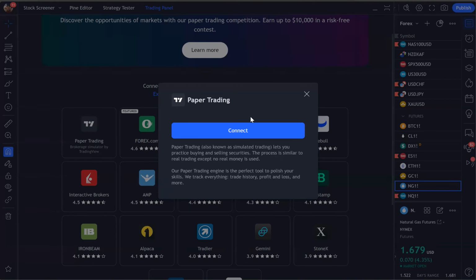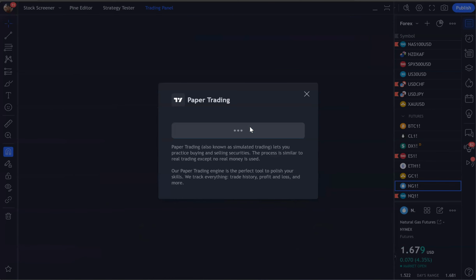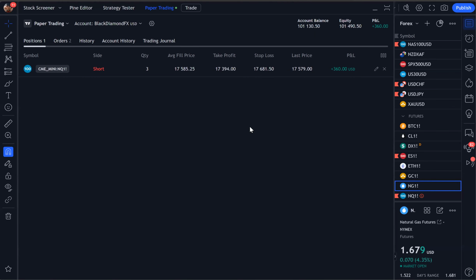Mine is already connected, but once you hit it, you've got to put in your information, and I think it starts with an account size. I'm not sure. I don't remember. But you can trade stocks, options, forex, and futures.